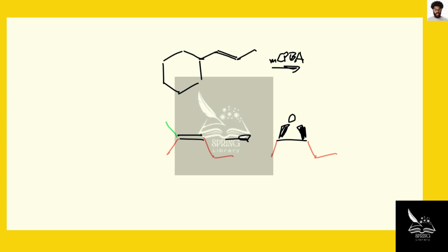And the other two groups, if there were two groups on that epoxide, would remain, draw them as being syn as well. So anything that was cis on our alkene will be syn in our epoxide.